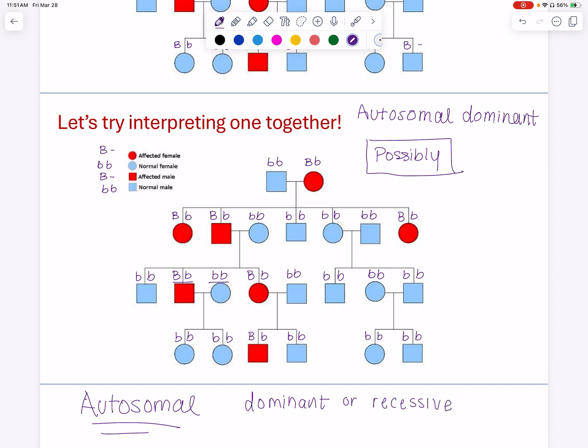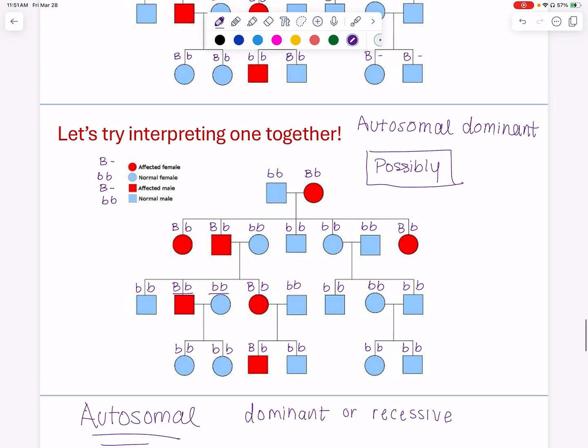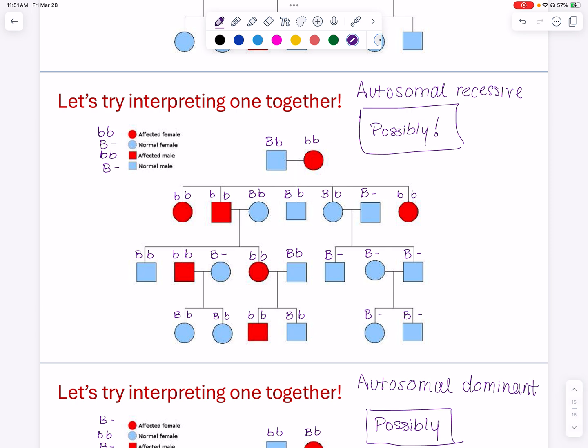Now, what I will say is that on an exam, if I made everyone go through this whole process, there would be a correct answer, and I wouldn't leave it quite so ambiguous, but know that just because we have all of these genotypes filled in for our autosomal dominant gene combination, and just because we have some that we have question marks around for this big B dash, as shown here, and then all down here, that doesn't actually mean that we can rule it out or that it's any less likely to be an autosomal recessive trait than it is autosomal dominant.